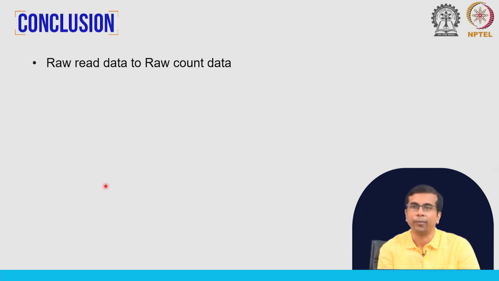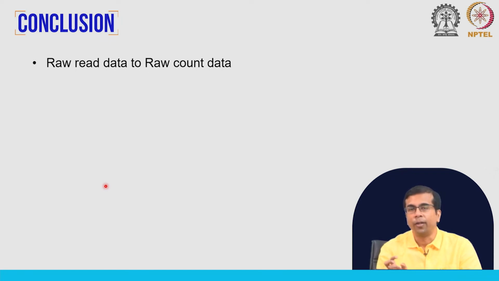We did the hands-on and saw these abundance values generated from the mapped data. We talked about tools that can do this simply, HT-seq count and featureCounts. We have not used featureCounts, but we used HT-seq count in our analysis and generated the raw count data, which serves as a proxy for the expression level.